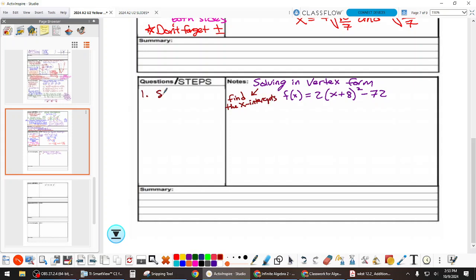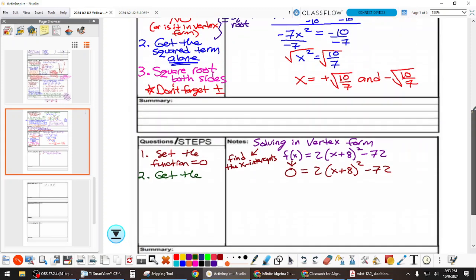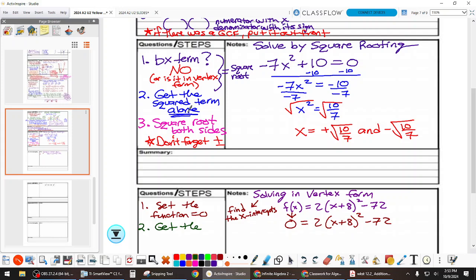So step one is to set the function equal to 0, which means the function becomes 0, in other words, f of x is 0. Okay, step two is to get that squared term alone, just like square rooting in the previous example.